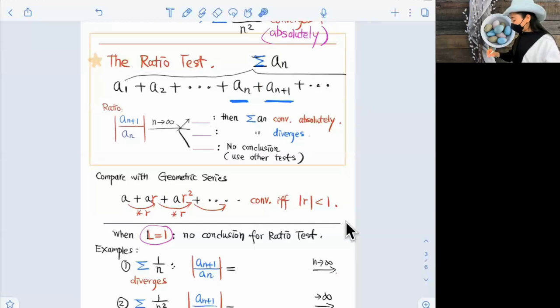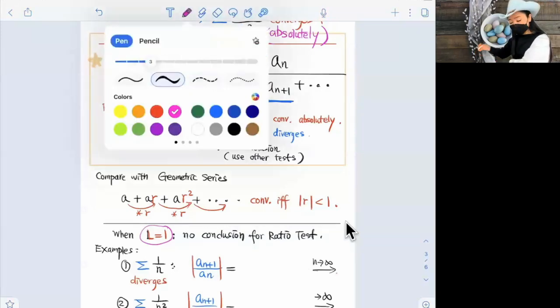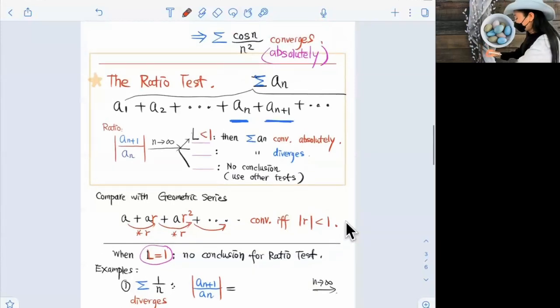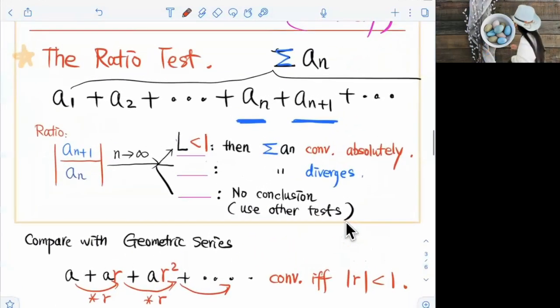If the limit of this ratio is less than 1, so suppose the limit equals L and L is less than 1, then we can say that the series converges absolutely, which is the stronger kind of convergence.